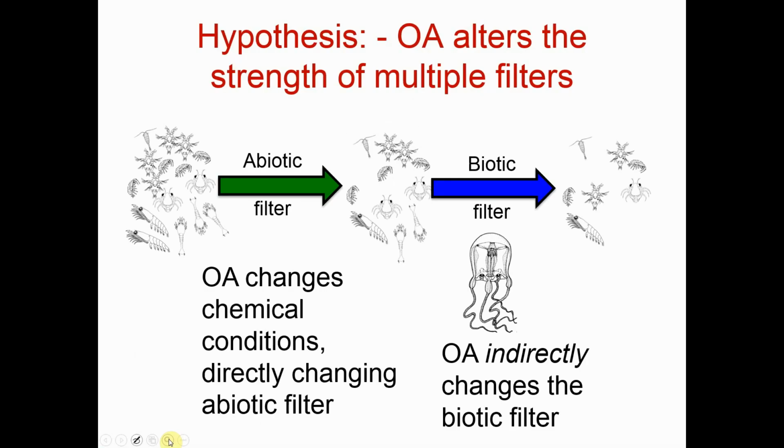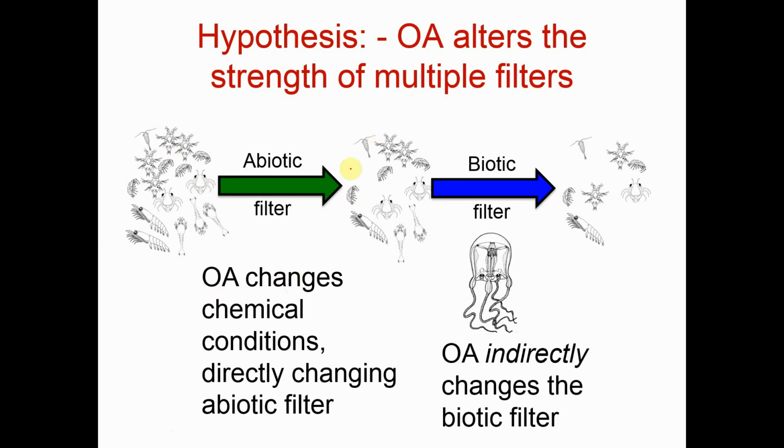So what I did was I generated the following hypothesis. My hypothesis was that ocean acidification alters the strength of multiple filters. So if we start over here with our regional community, this has to pass through the abiotic filter. And ocean acidification changes chemical conditions. This should directly change the abiotic filter.